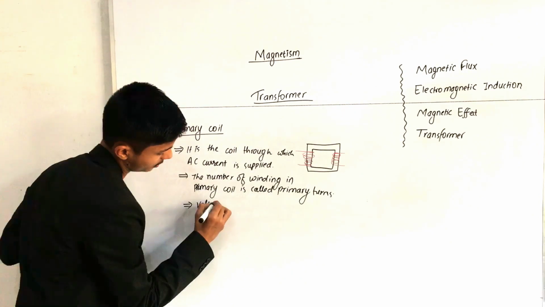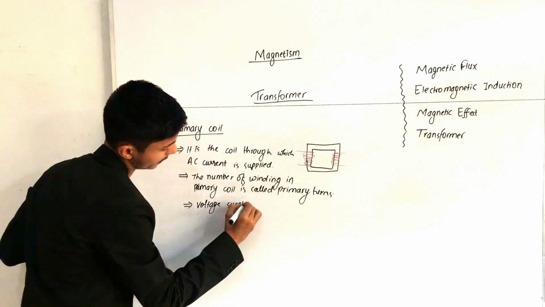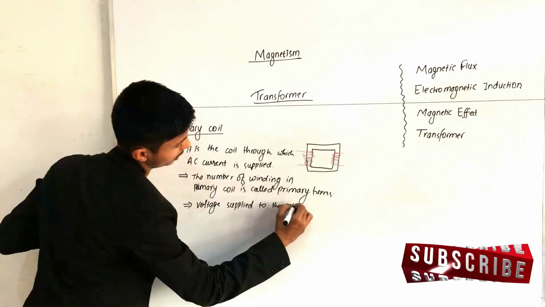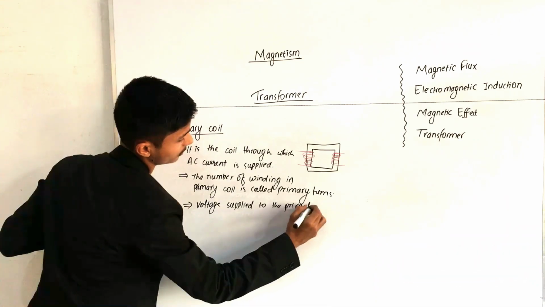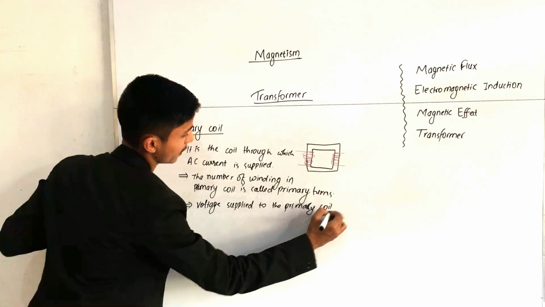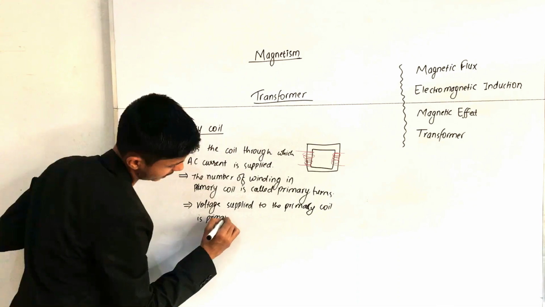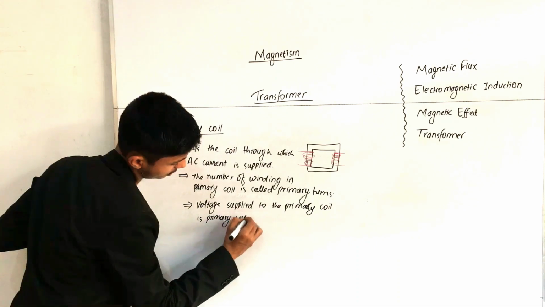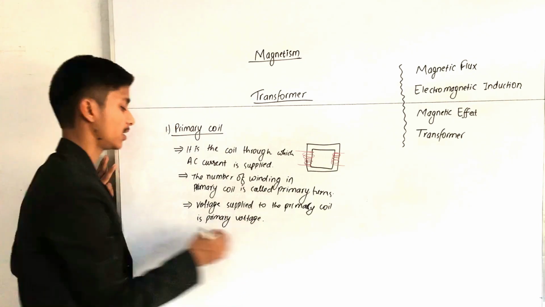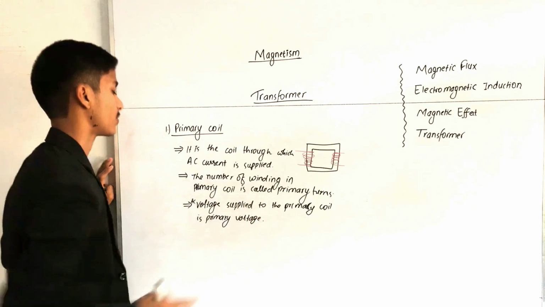The voltage supplied to the primary coil is called primary voltage. Here always AC voltage is supplied.